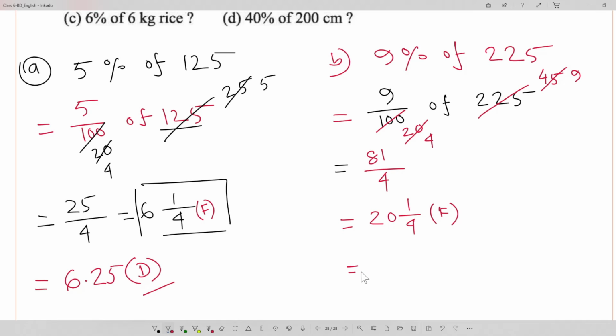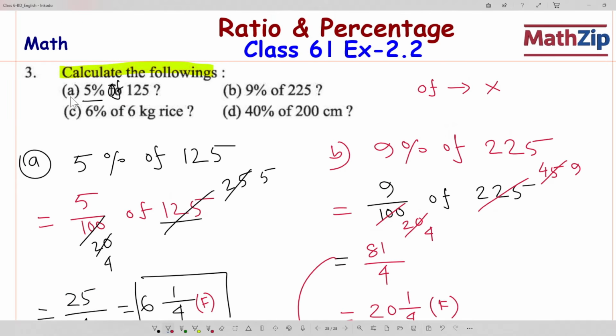But you can make this one a decimal. How? 81 divided by 4 is 20.25. This is the decimal mode. Okay, number A and B done. But you should ask your teacher what the answer should be, fraction mode or decimal mode?